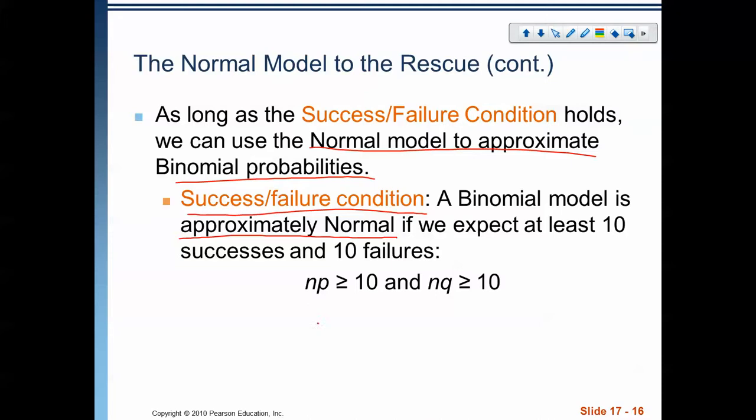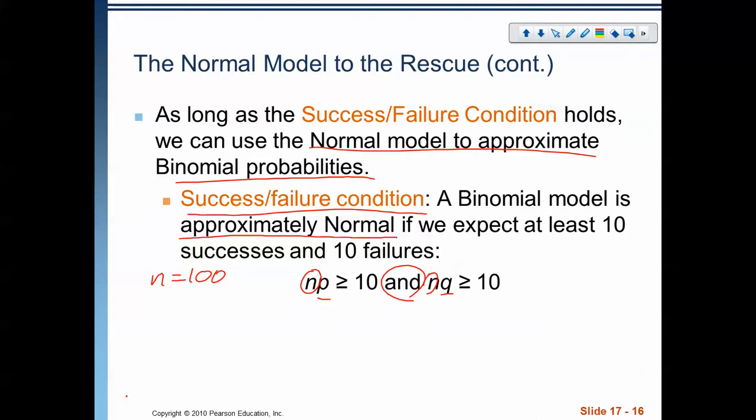So if I took my probability of success and multiplied it by the number of trials, and that was more than 10, and my probability of failure times the number of trials was bigger than 10, that means it's big enough to be approximated with the normal model, okay? Just as an example, let's say I'm doing 100 trials.